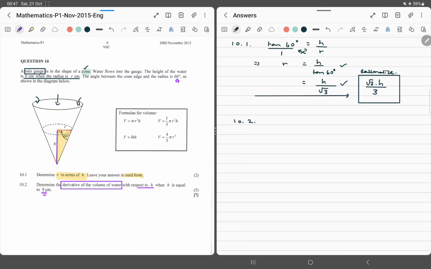It's an optimization type of question. Now, how do we find the volume? We've got a lot of formulas here. But if you notice, pi r squared h is the volume of a circular cylinder, basically. So this one doesn't help.